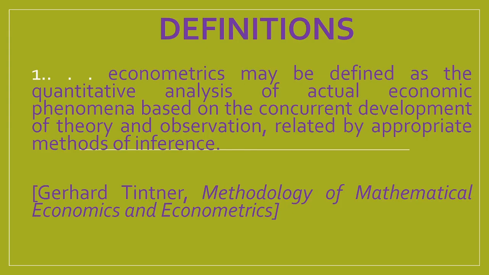The first one, according to Tinbergen, is that econometrics may be defined as the quantitative analysis of actual economic phenomena, based on the concurrent development of theory and observation, and related by appropriate methods of inference. Then it is called econometrics.